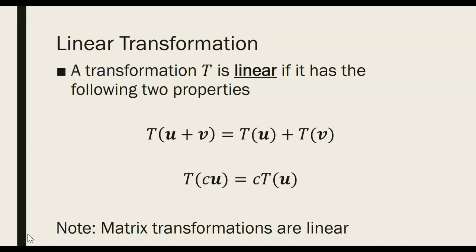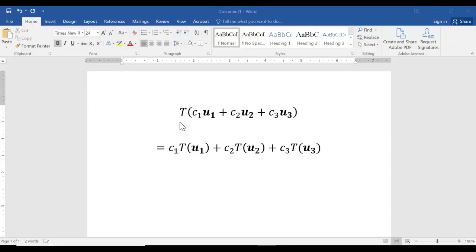Actually, let's go ahead and do that. What I'm trying to say is if I write out a vector as a linear combination of u1, u2, and u3, and then I hit that with a transformation, well, because I can factor out scalars, and because my transformation will distribute to each vector individually, we're going to get the same result as if we had a linear combination, in fact the exact same linear combination, of the images of those vectors.